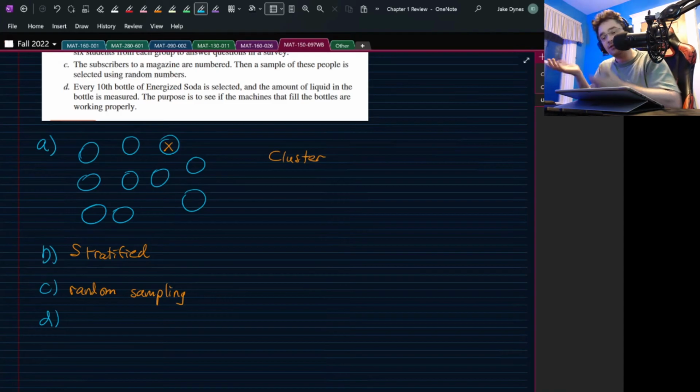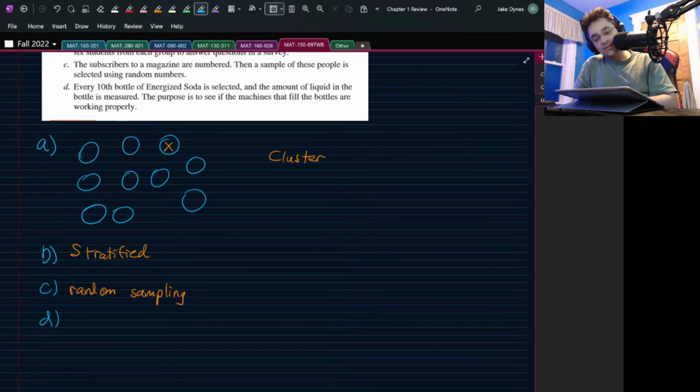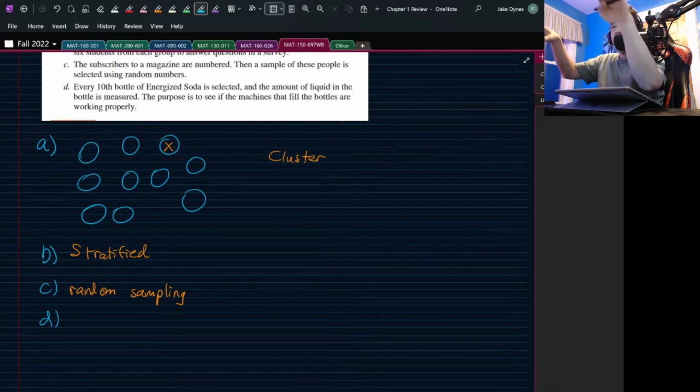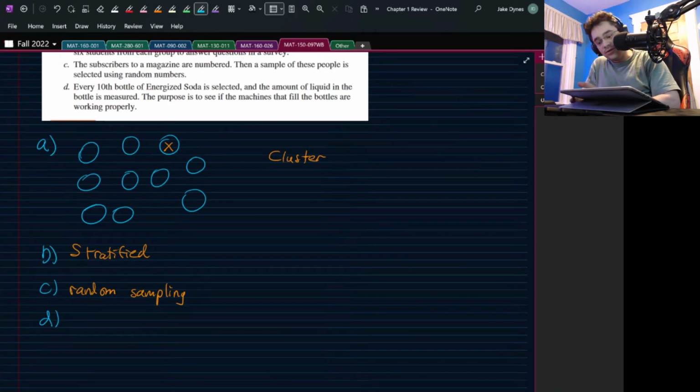That's the K I selected earlier, interestingly enough. And the amount of liquid in the bottle is measured. The purpose is to see if the machines that fill the bottles are working properly, right? They'll maybe measure the height of them to see if they're all getting close to the agreeable range of what's good. But anyway, yeah, this one is systematic because it's every 10th one.